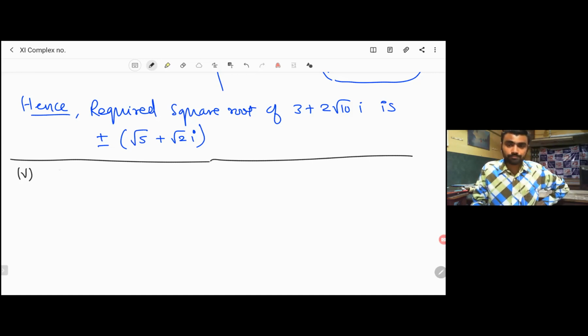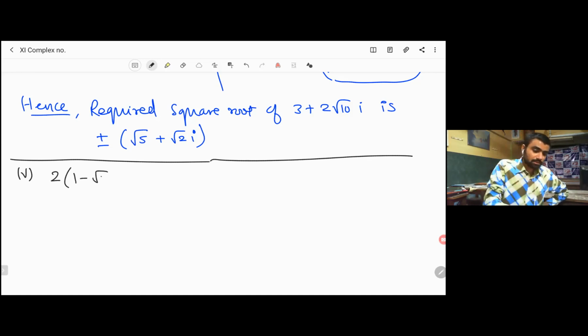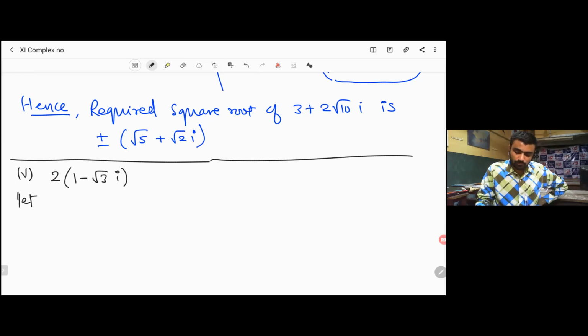It is 2 in the bracket 1 minus root 3i. This is your question, last fifth one. And now let us solve. Let square root of this 2 into 1 minus root 3i, this is x plus yi.